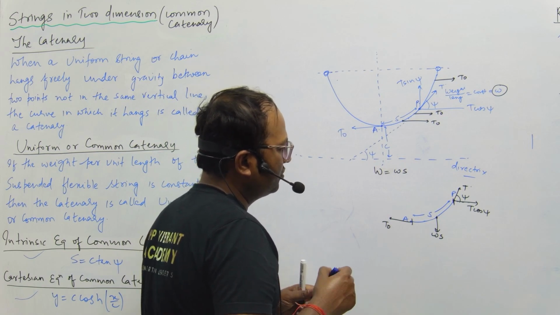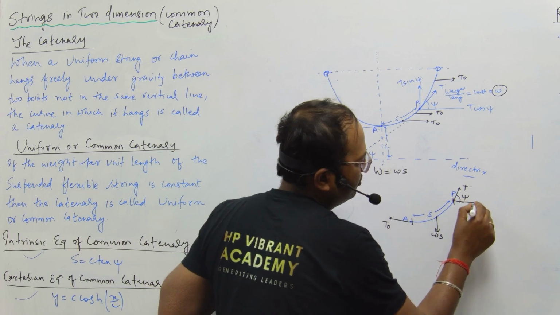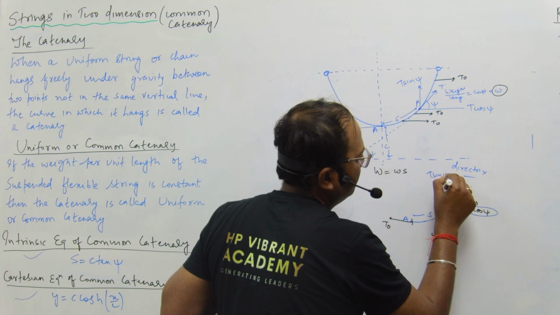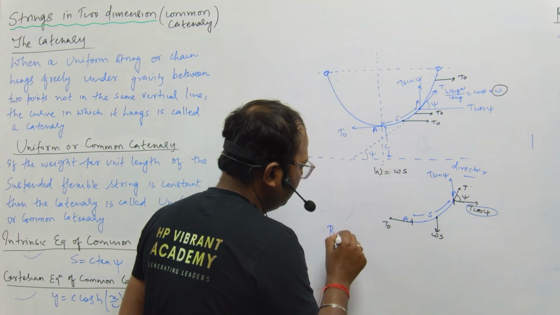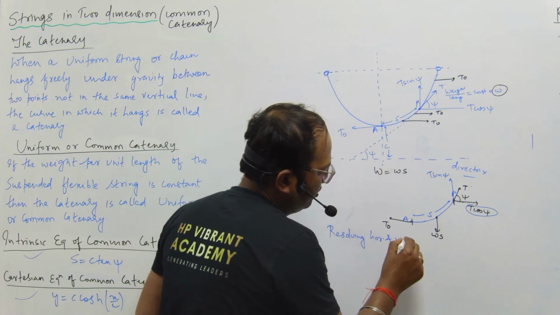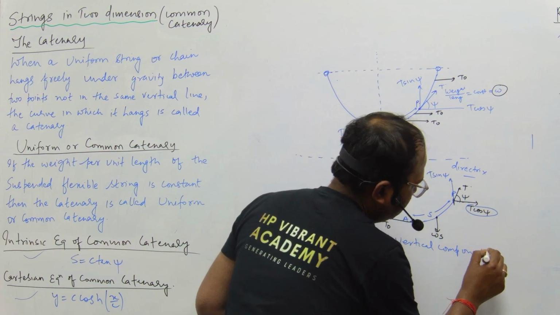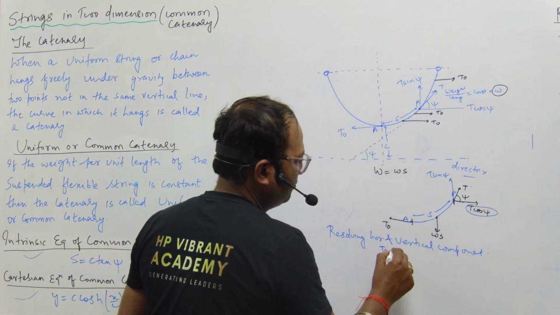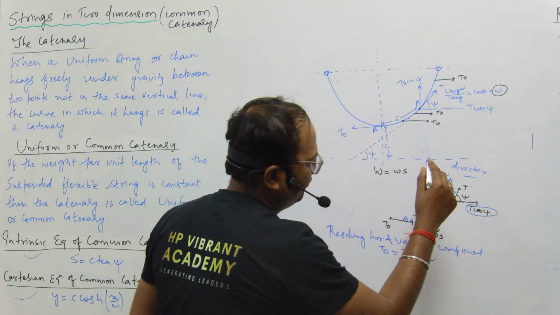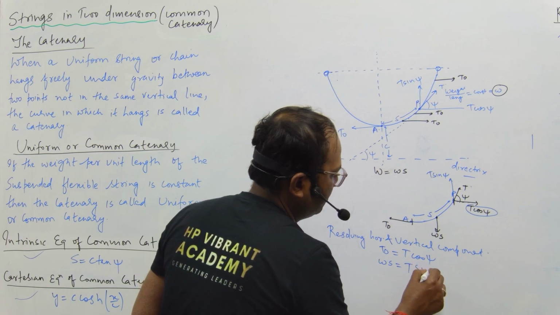So let us resolve horizontal and vertical components. The horizontal component is T cos psi, and the vertical component is T sin psi. Resolving, we have T naught is equal to T cos psi, and ws is equal to T sin psi.